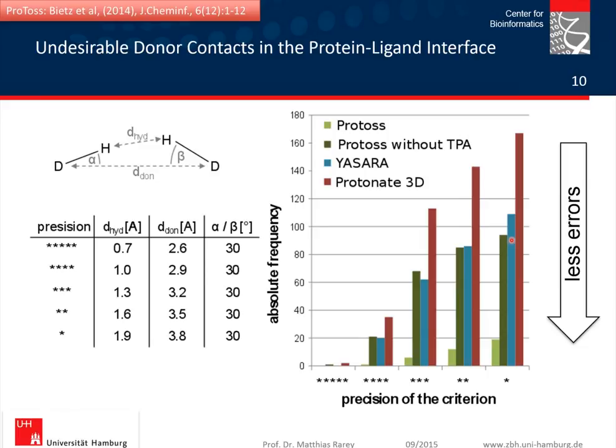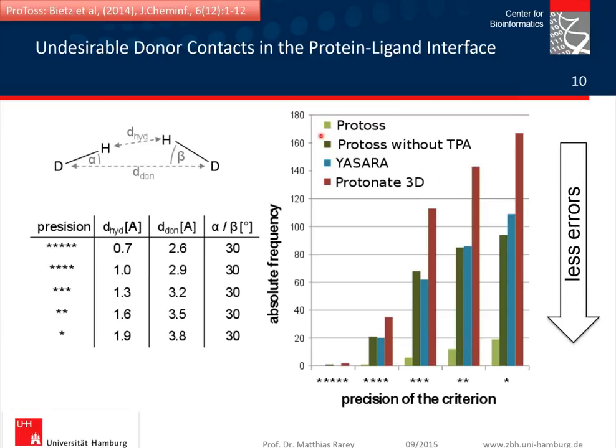So here in the bar, you basically see the consequences of this. Here you see the absolute frequency of donor-donor contacts, which we can assume really do not occur in protein-ligand interfaces. And this goes from several hundred down to just a few which remain.